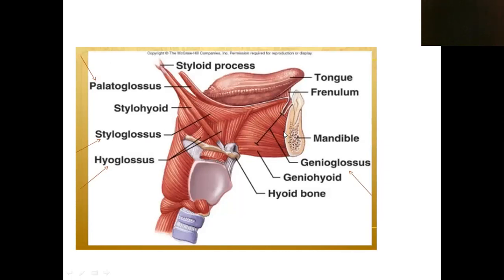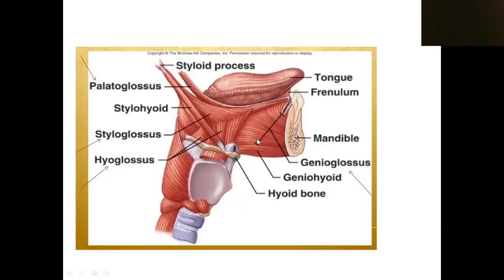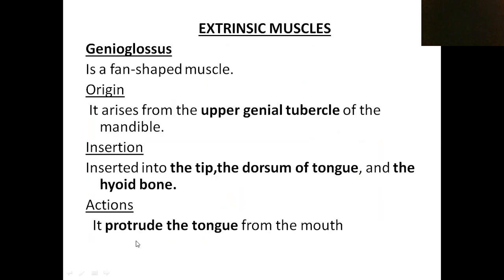So it arises from the genial tubercle of the mandible and is inserted to the tip, body, and root of the tongue. Some fibers also extend to the hyoid bone.